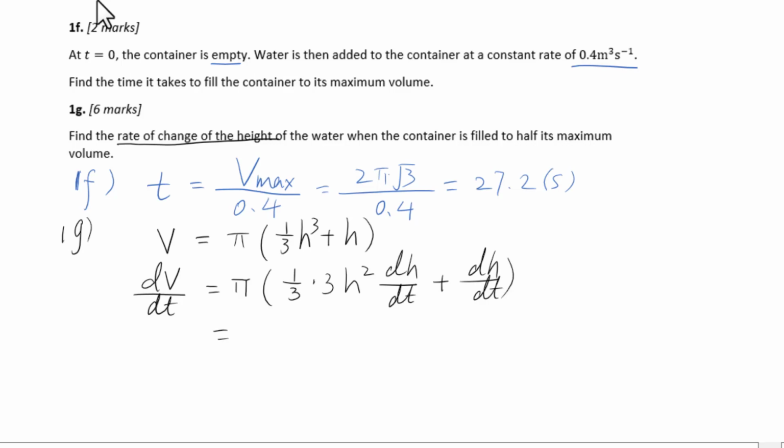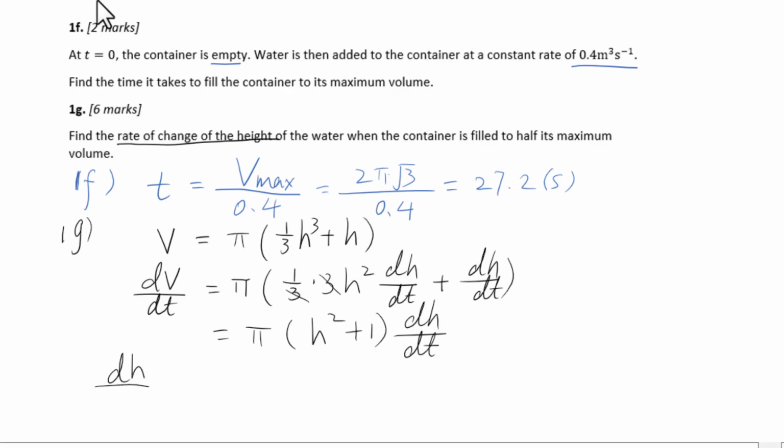Let's take dh/dt out, then simplify. We will get pi times h squared plus 1 times dh/dt.